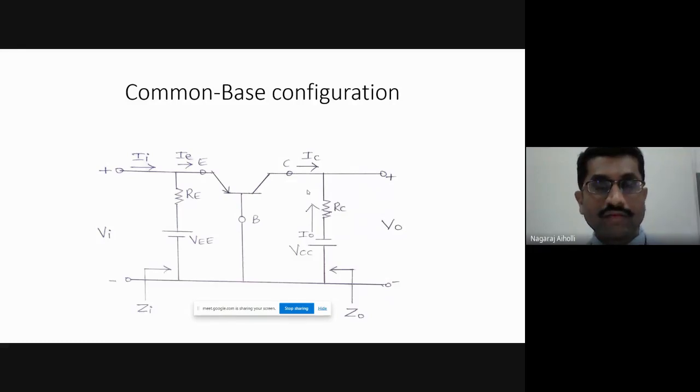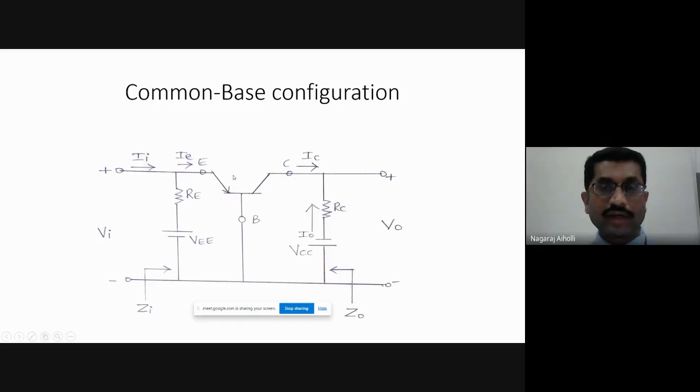Remember, for common emitter and common collector configuration, there is a beta term which comes into the re model. But in common base configuration, alpha will come into picture, because input current is IE and output current is IC. Alpha is given by the ratio of output current to input current, so IC by IE equals alpha, the current gain for the common base configuration.